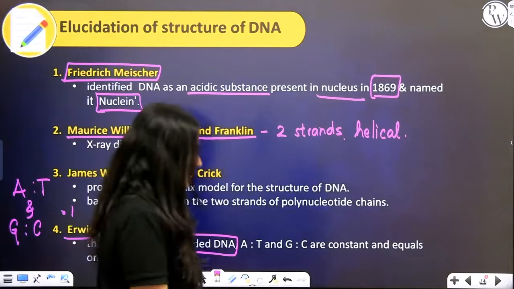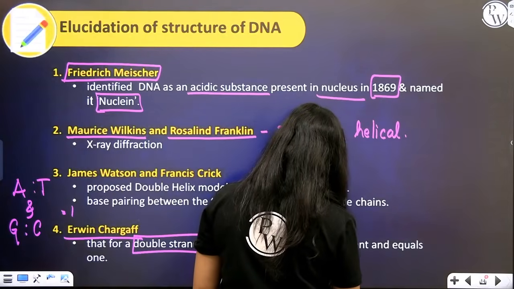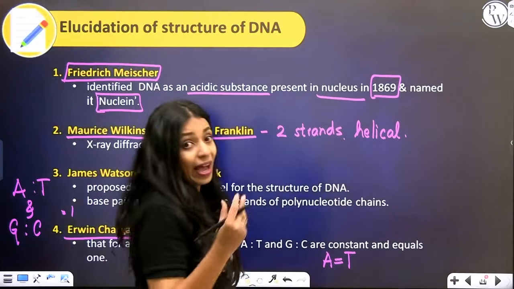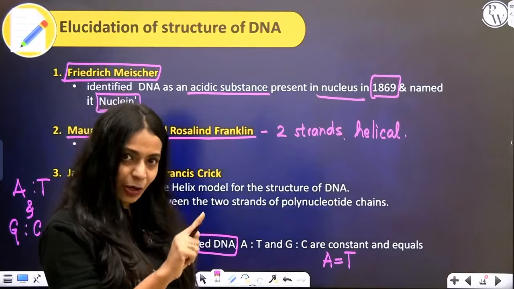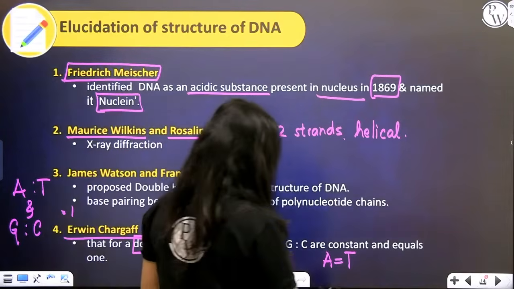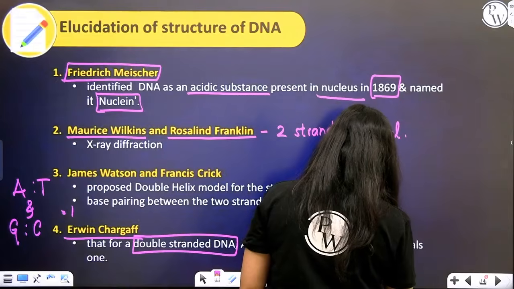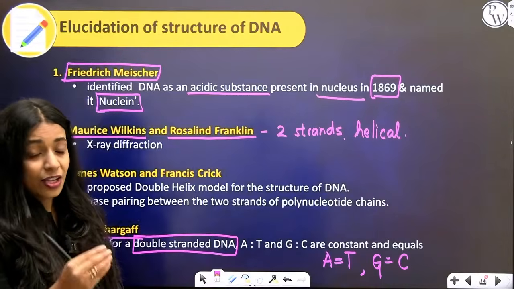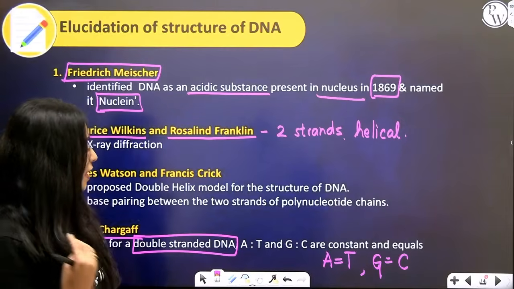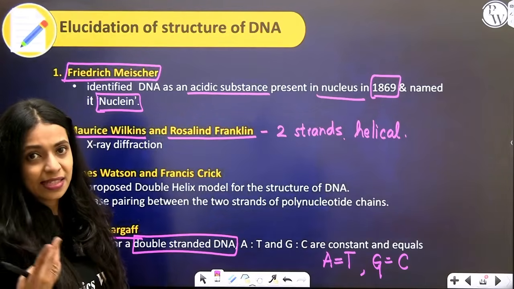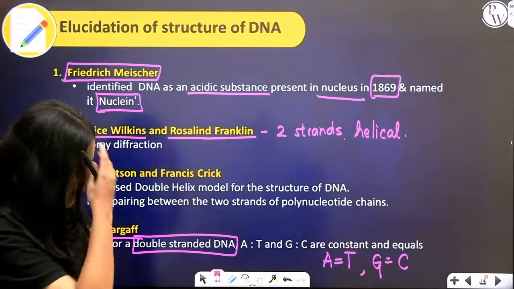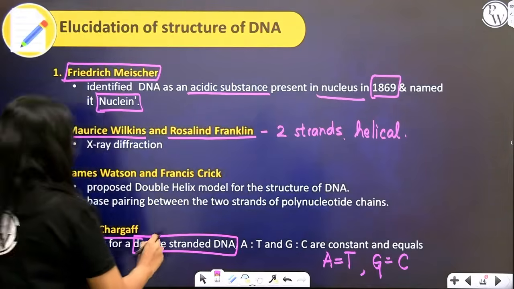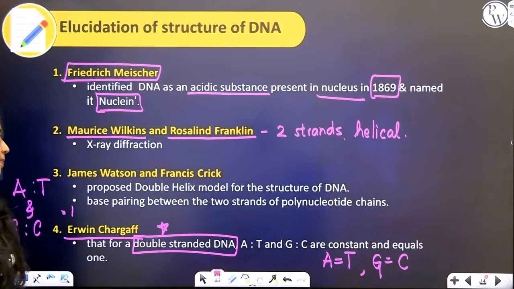What that basically means is that the number of adenine nitrogenous bases is equal to the number of thymine nitrogenous bases. The guanine number is equal to the number of cytosine. The ratio of A to T and the ratio of G to C is equal to 1, is what he said. And that is exclusively in double-stranded DNA.